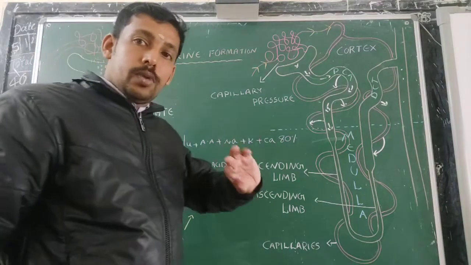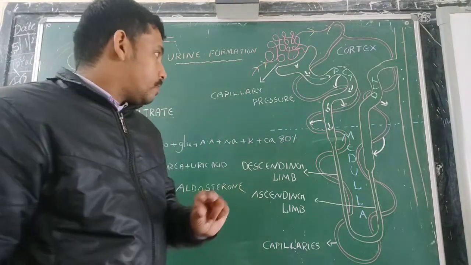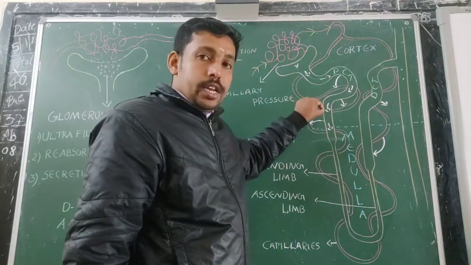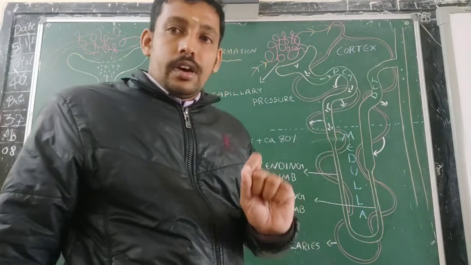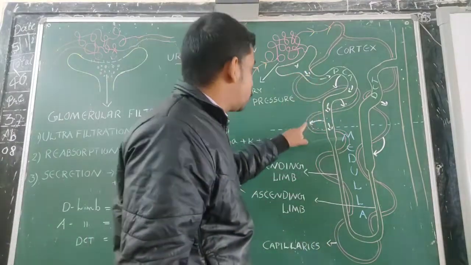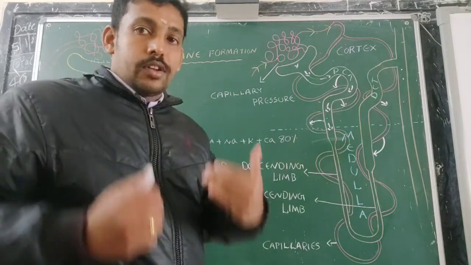What happens during tubular reabsorption? The essential materials from the renal tubule are going to be absorbed into the surrounding blood vessel. Then what happens during secretion?